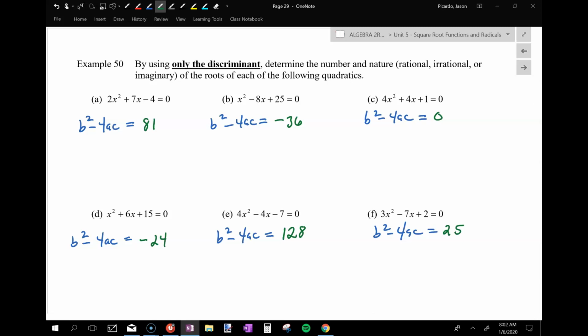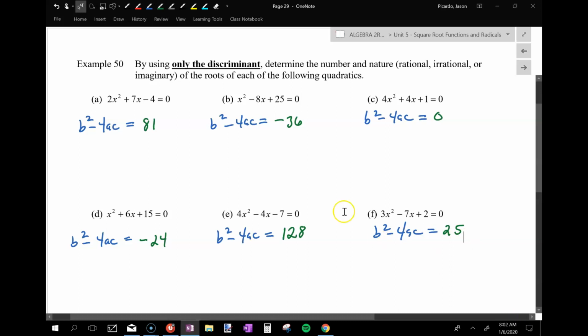So, have I described the nature of the roots? No, I've simply found the discriminant. So this is the follow-up step, because the directions say determine the number and nature of the roots. So, 81 is a positive perfect square.